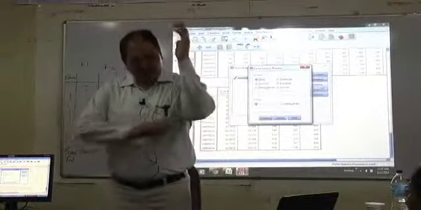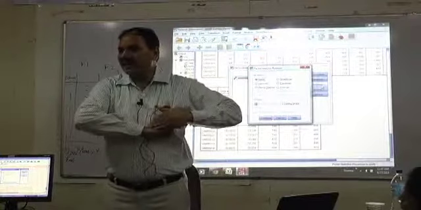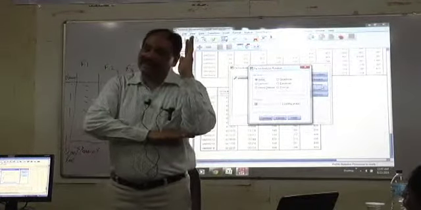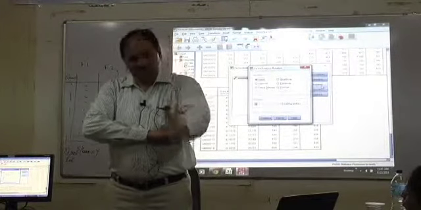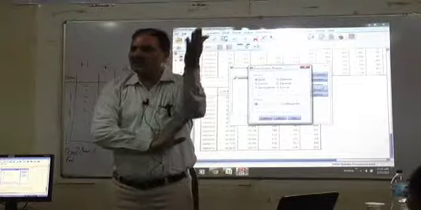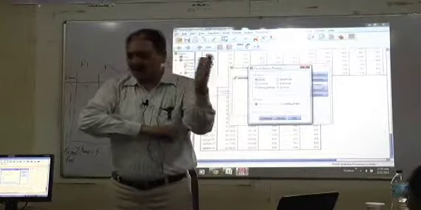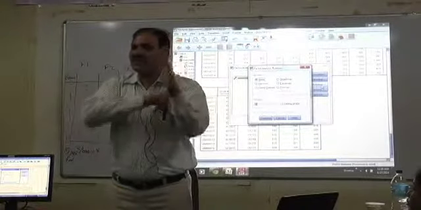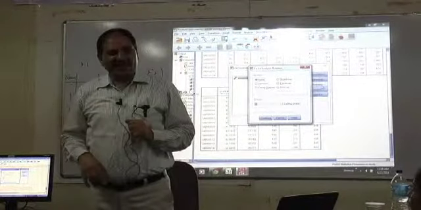How do you maintain that? Say this is one vector and this is another vector, and you are rotating them while still maintaining 90 degrees. Either you can rotate like this or like this, and you are still maintaining a 90 degree angle. So in orthogonal rotation, the angle between the factors is maintained at 90 degrees.